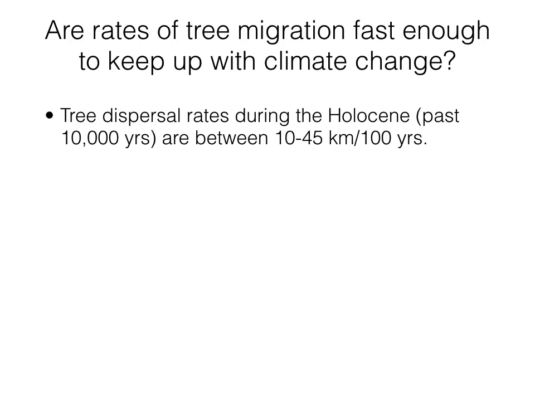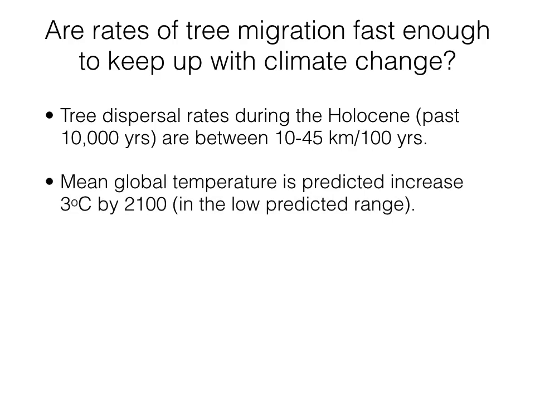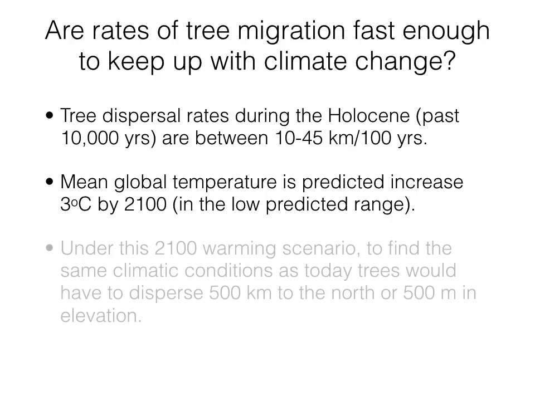First, tree dispersal rates during the past 10,000 years are between 10 and 45 kilometers per 100 years. Mean global temperature is predicted to increase about 3 degrees Celsius by 2100, and this is the low predicted range, but we'll use it here as a conservative estimate.